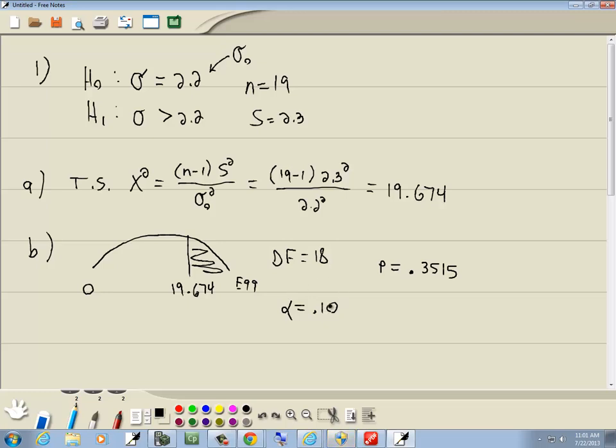This area right here is our p-value, and our 10% would fall somewhere right here. The tails are the reject region for H0. So since the 10% falls right here and not over on this side, we would reject H0 or accept H1.